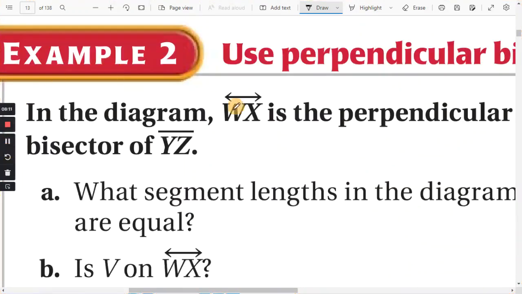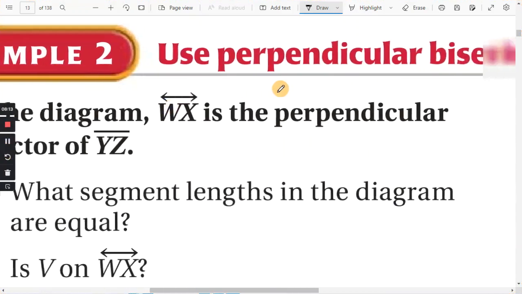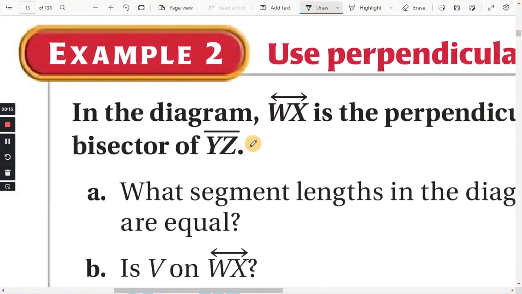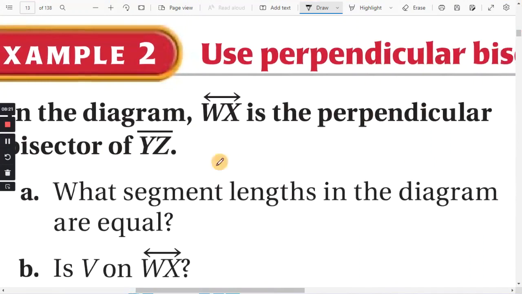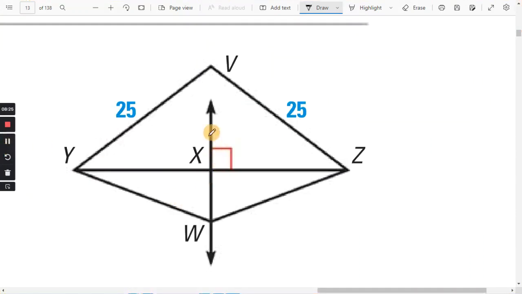Example 2, in the diagram, WX is the perpendicular bisector of YZ. Part A, what segment lengths in the diagram are equal? Okay, let's take a look. It says WX is the perpendicular bisector of YZ. So they already showed it was perpendicular.